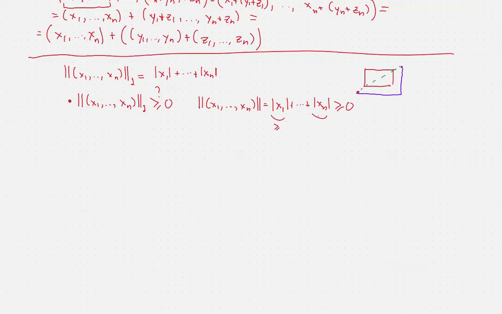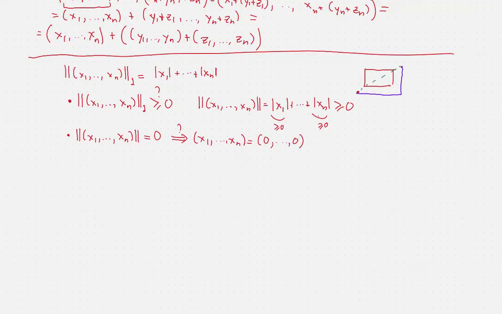Second property, we would like to check that the only way that a vector has 0 norm is if it's the 0 vector. So does it follow that this is the 0 vector? And what is the 0 vector in this vector space? Obviously, the vector that has zeros on all coordinates. So why is this true?